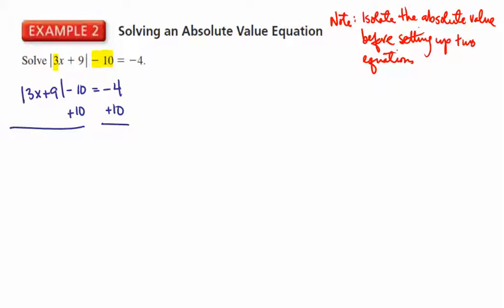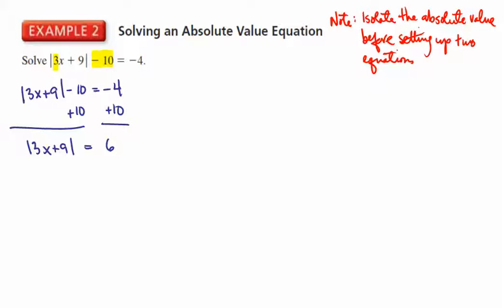What we see in the original equation is not an isolated absolute value, and when we isolate it, it no longer will be equal to a negative number. That may not always be the case, but it is here. So we get the absolute value of 3x plus 9 is equal to 6.